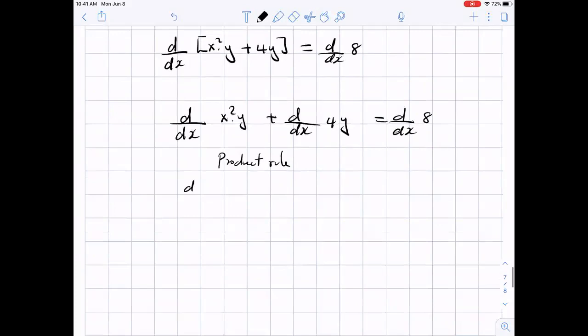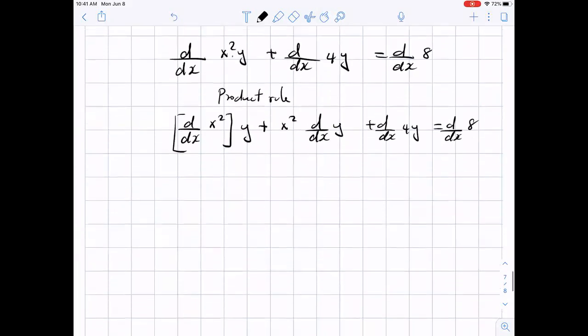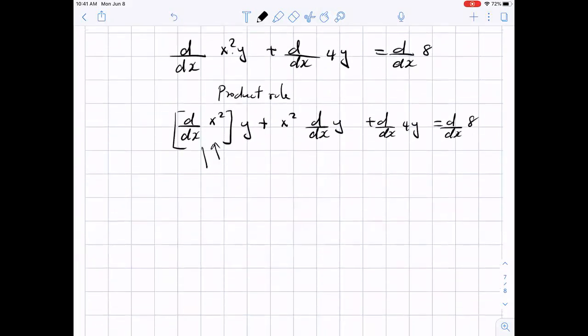So d/dx of x squared, and that's the first part, plus now we keep the first part and we take the derivative of y, plus d/dx of 4y equals d/dx of 8. So the variables here are the same.